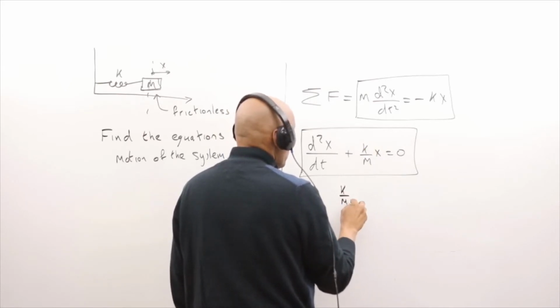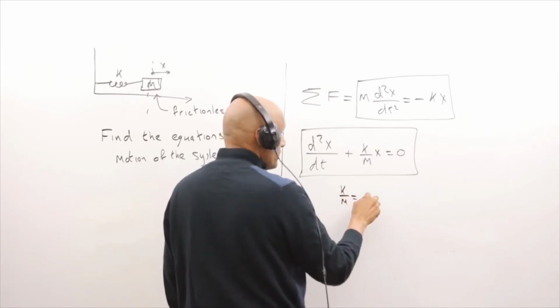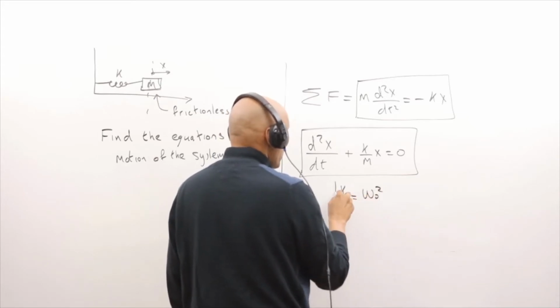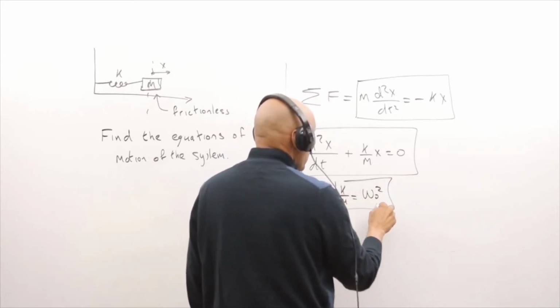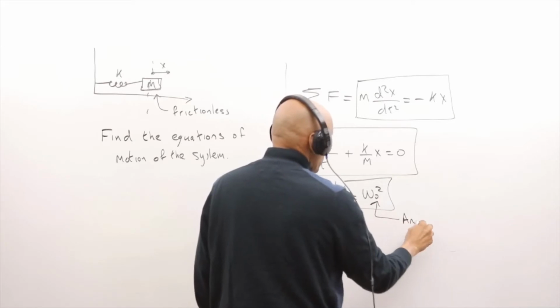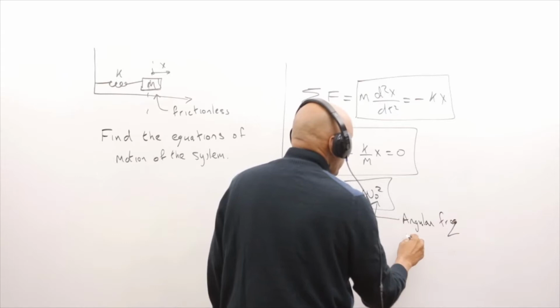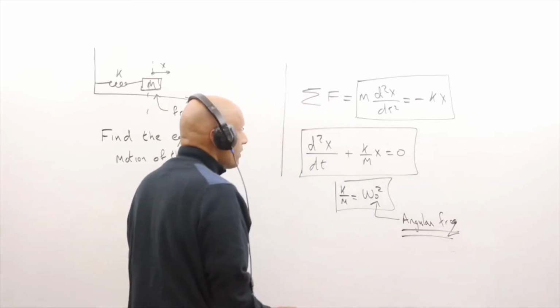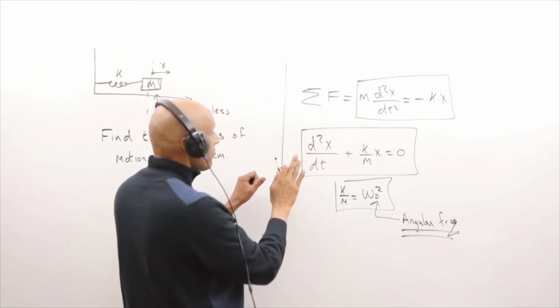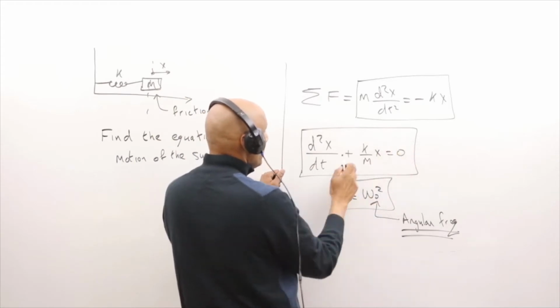And for a not so obvious reason, I'm going to call k over m omega squared. Later I'll call this the angular frequency, but just for now, know that we have a second order differential equation.